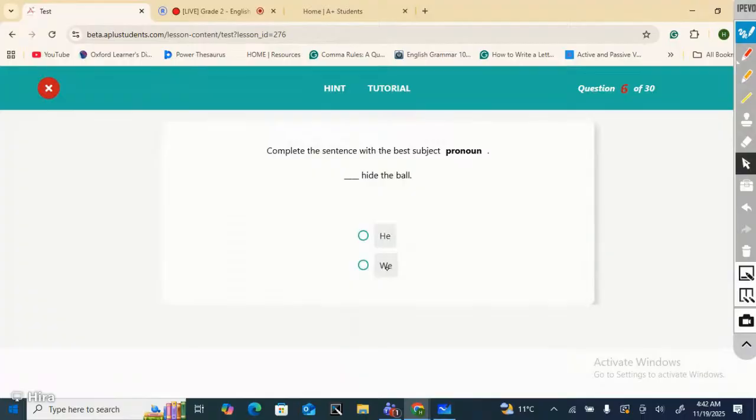Now choose the best subject pronoun. Blank hide the ball. He hide the ball. We hide the ball. Hide is the verb. Hide is the verb which does not end in s or es. It means it's a plural verb. Now choose a plural subject.